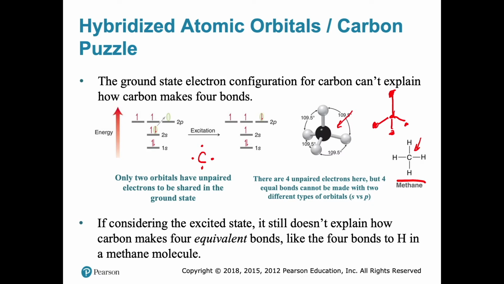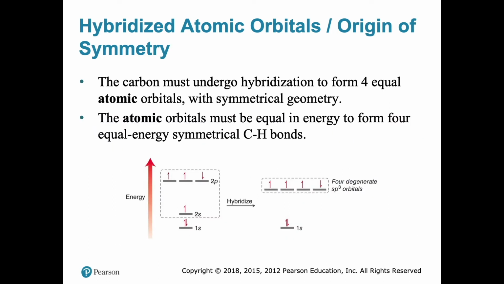Okay. Yes. This is a very important concept here, because if you're going on to organic 1 and organic 2, you cannot get through without understanding what's happening here. So how do we get this electron configuration to match what we see in real life? We get it by doing hybridization.